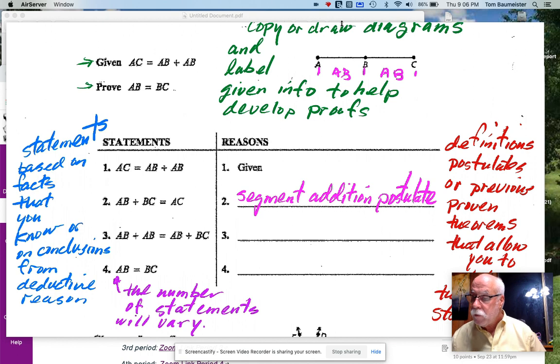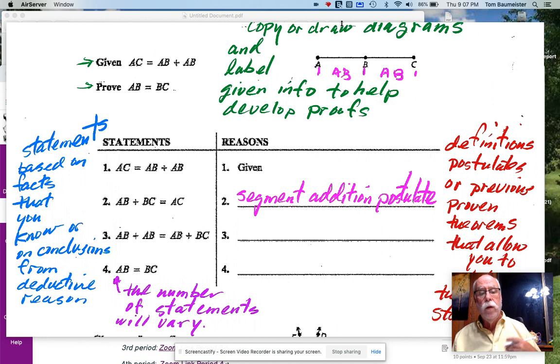Okay. Now, we have AB plus AB is equal to AB plus BC. All right. So on that one there, if we look at it, this AB and this AB are the same.